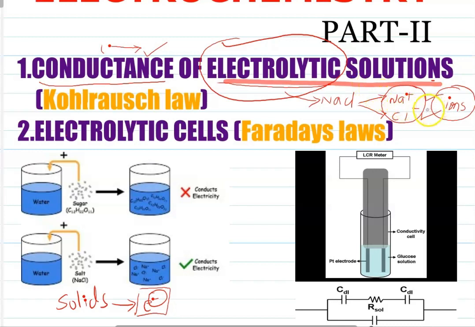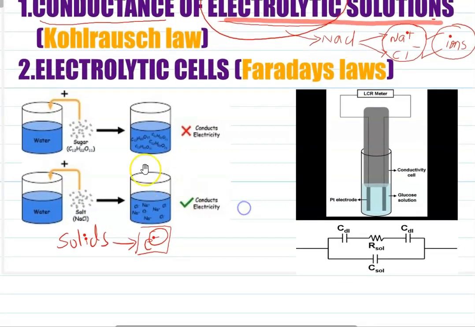Here the conductance is due to the movement of ions of the electrolytes. Sugar is not an electrolyte because it does not form ions when dissolved in water. Therefore, it won't conduct electricity, and this is not an electrolytic solution.